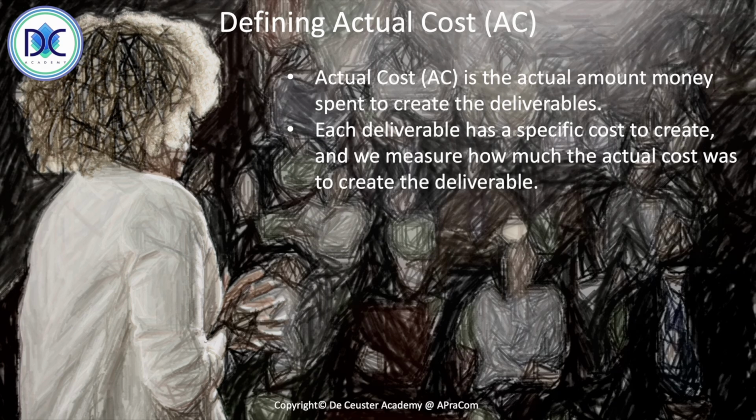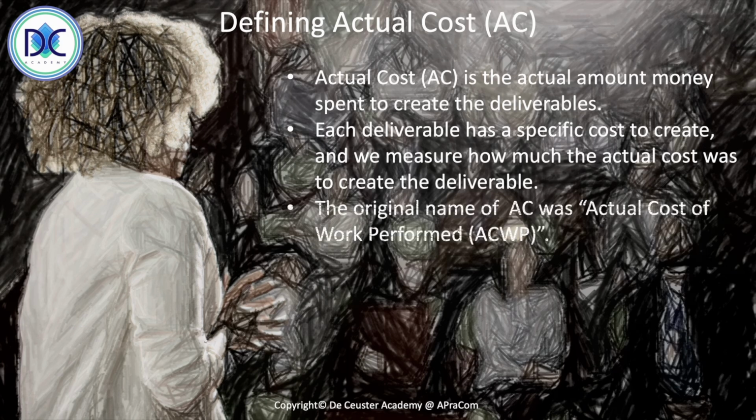How much money did we actually spend to create, for example, a bicycle or a computer or a subroutine of a project? The original name of actual cost was actual cost of work performed. Basically this is very easy to understand: it is the amount of money that we spent, the number of hours a person worked on an activity over a certain time span. That's basically the idea of the actual.